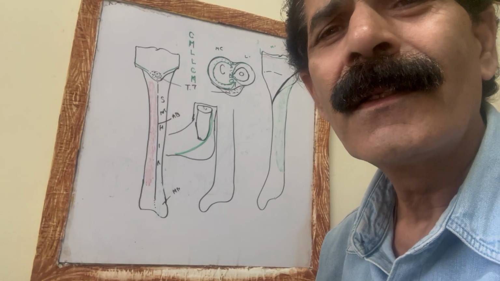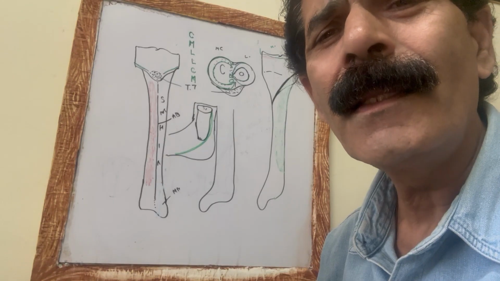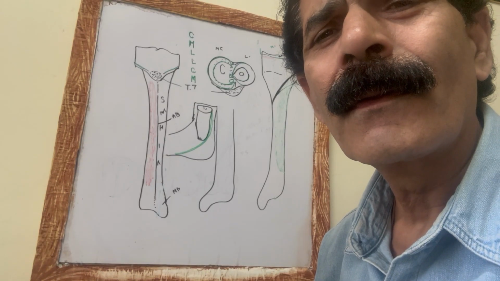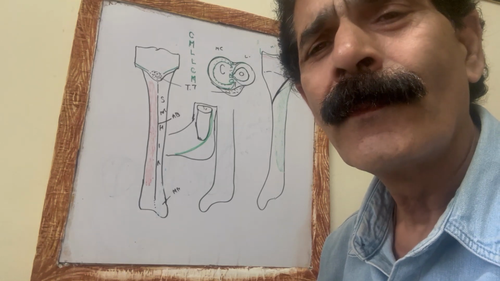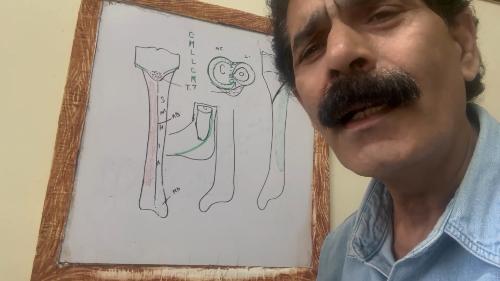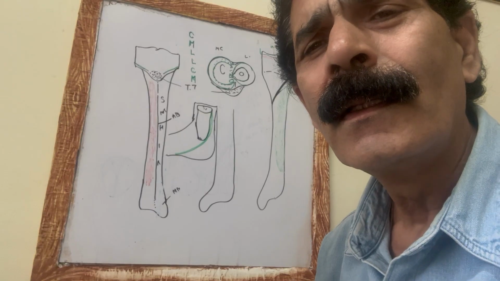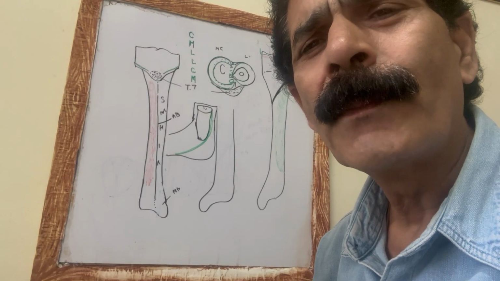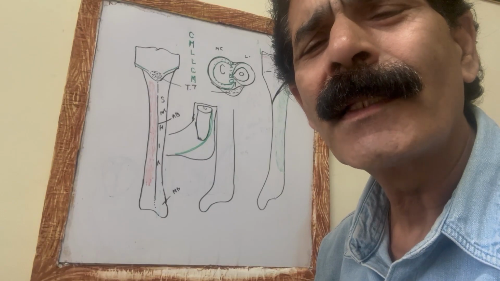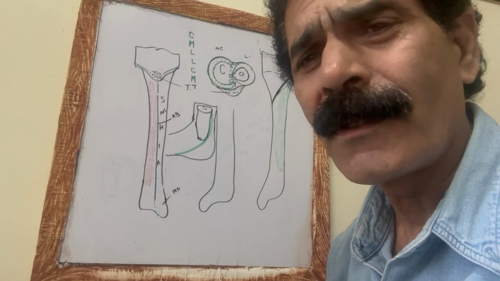So it rotates the tarsal bones, or the subtalar joint, medially. It cannot insert on the talus because on the plantar surface, the head of the talus lies on the spring ligament.